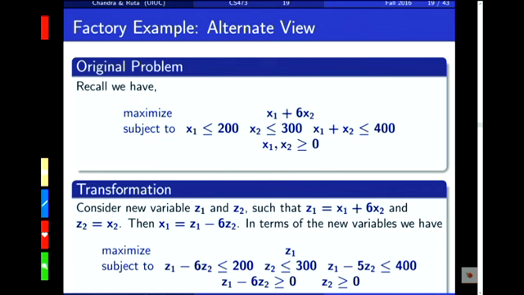I can replace here z2 and then say x1 is z1 minus 6z2, and accordingly replace everywhere x1 equals z1 minus 6z2 and x2 equals z2 in all the constraints. We'll get a new LP, and these two are the same LPs. But the funny thing is here we are just maximizing one coordinate.